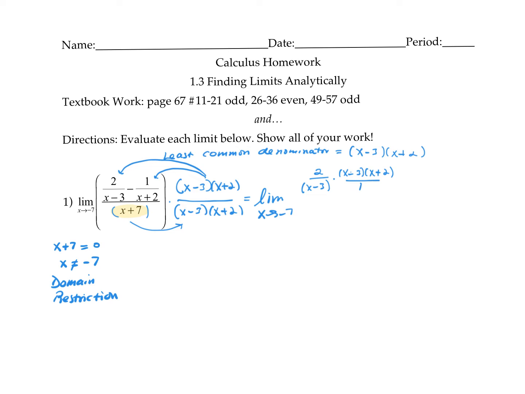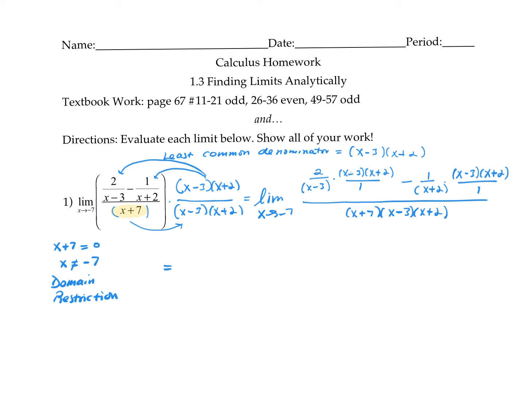You can put it over 1, minus 1 over x plus 2 times our LCD, x minus 3, x plus 2 over 1, all over x plus 7 times x minus 3 times x plus 2.